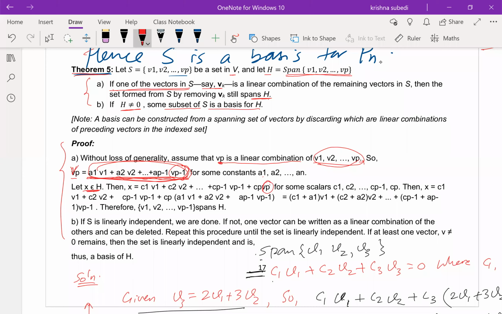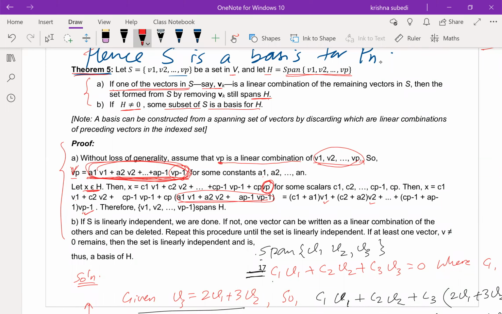We replace that value, so that we can write the same X as C1V1, C2V2 up to CP minus 1 V sub P minus 1, but this V sub P can be written as a linear combination of the other ones. So what we are left with is that VP is gone. Now we have the linear combination of V sub 1, V sub 2 up to V sub P minus 1.